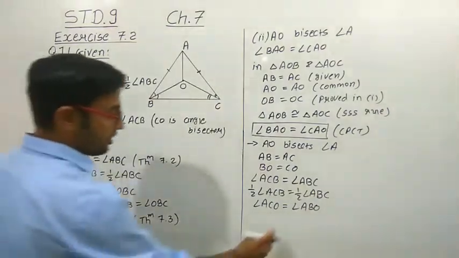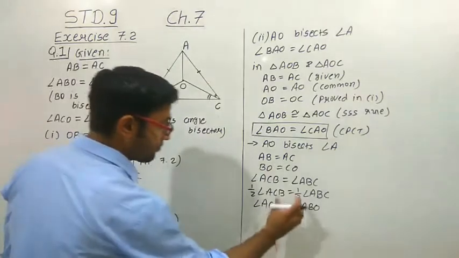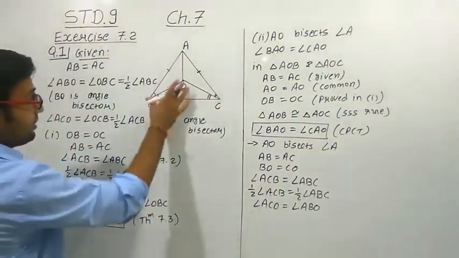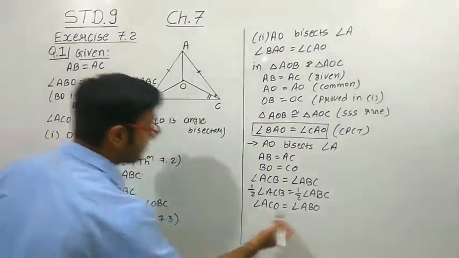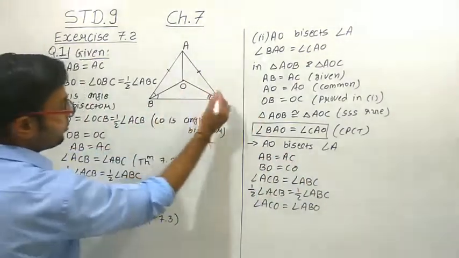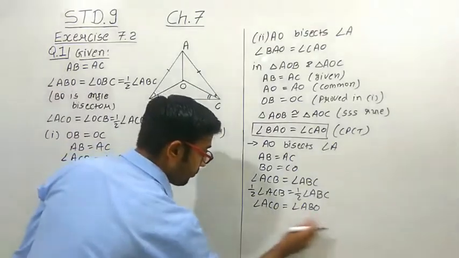So this will be the third condition: AB is equal to AC, BO is equal to CO, and between these sides the included angles ABO and ACO are equal. So we have proved that these two angles are equal.